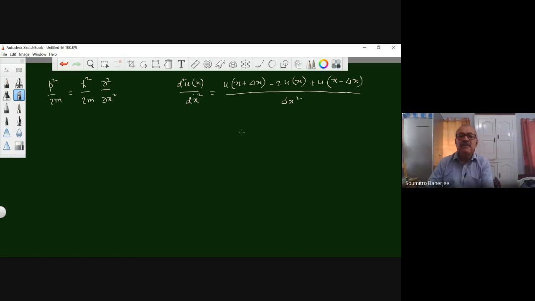This delta x is, as I said, along the x coordinate. I have divided it into parts, and this is the delta x. So x plus delta x, suppose I am talking about this particular term, then the position we are trying to calculate is this one, this one is the next one, and this one is the previous one.